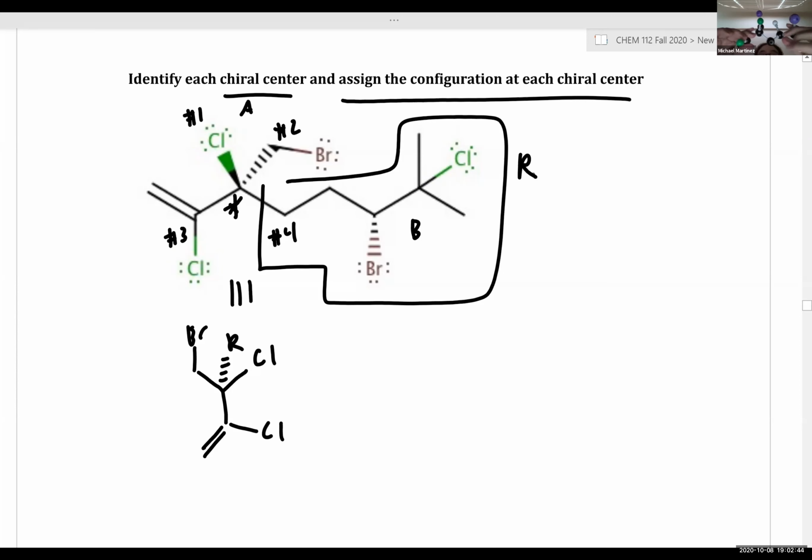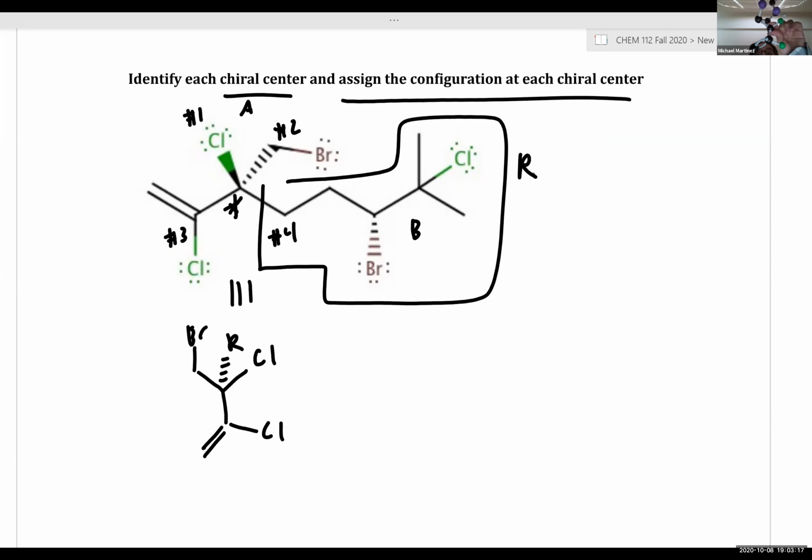So here's our initial molecule. Chlorine is in the front. I'm going to rotate this molecule so that rather than having my vinyl chloride in the back, my alkyl chain is in the back.